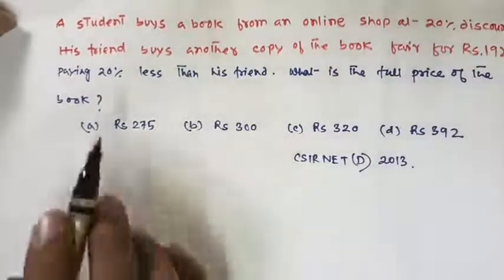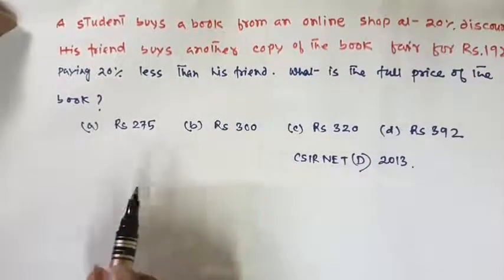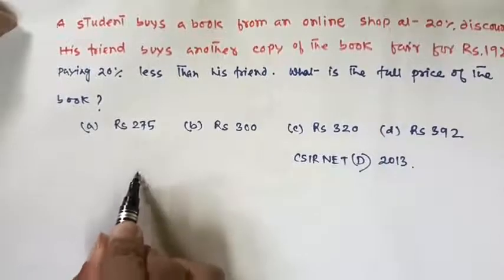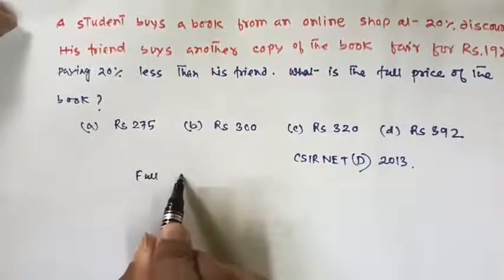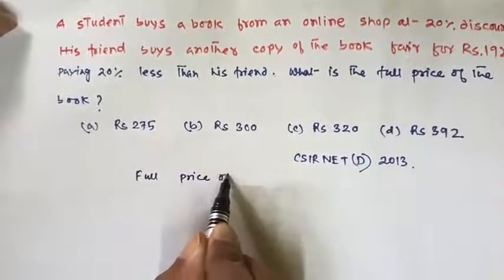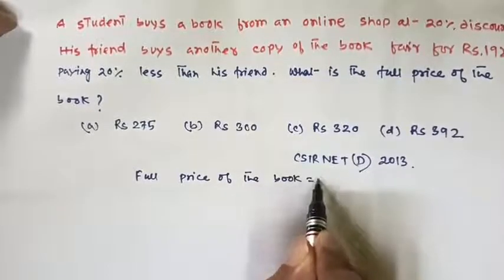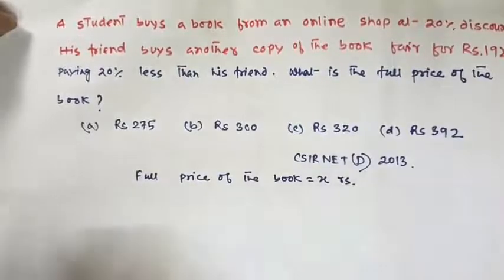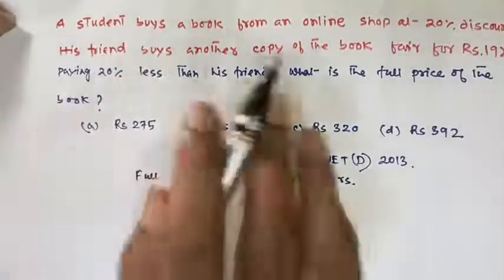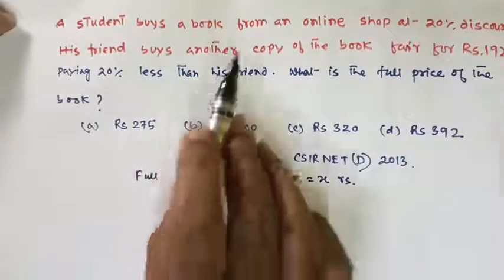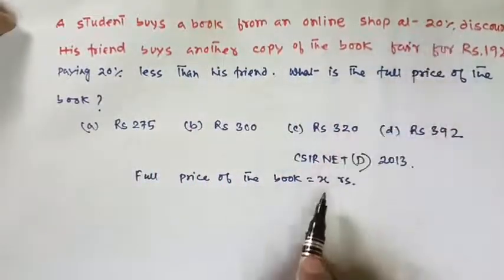In this case there are two cases. First, consider the full price of the book to be X rupees. It is said that the first boy has bought the book at 20% discount on this price.